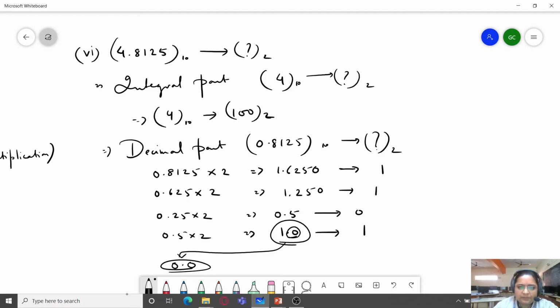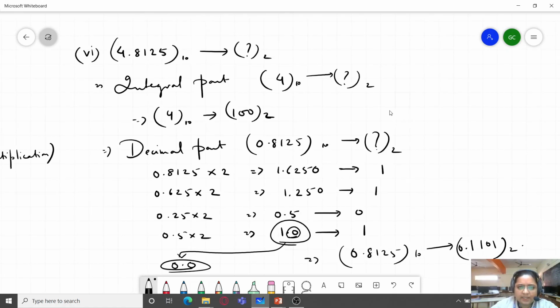So now the fractional part here is 0.8125. When it is converted into binary, it is 0.1101.